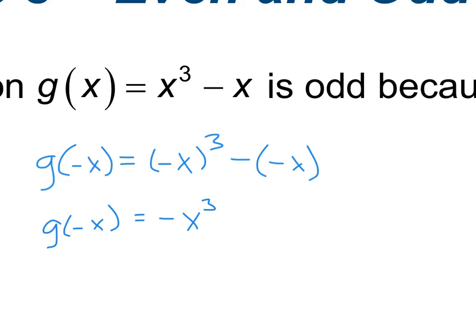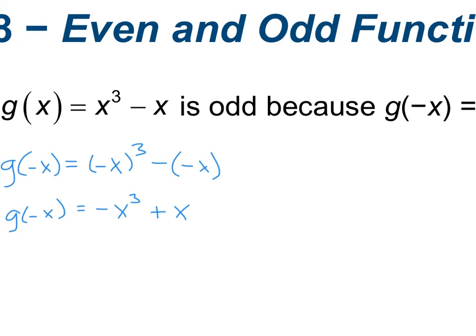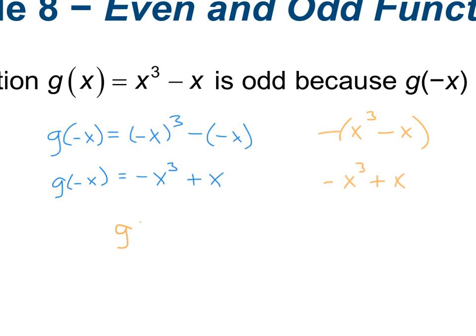And a negative minus a negative x would be a plus x. So if we took our original g(x) equation and multiplied everything by a negative, we would end up with −x³ + x. So since g(−x) is equal to −g(x), this would be an odd function.